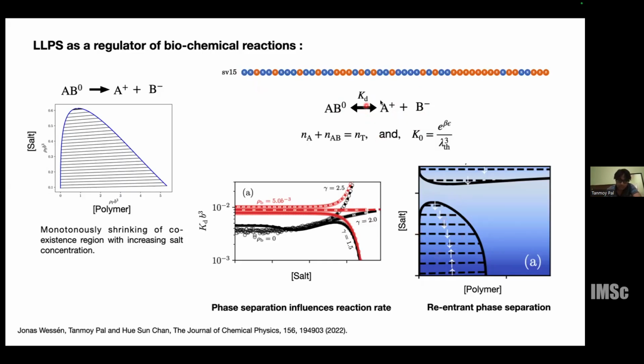But if we don't allow this ion association, and the reaction is one way, then this re-entrance disappears. But this is not the only thing: the reaction rate or dissociation constant also gets affected by phase separation. For example, in this plot, the black curves are for the polymer-empty system, but the red curves are for when the system is phase separating with polymer present.